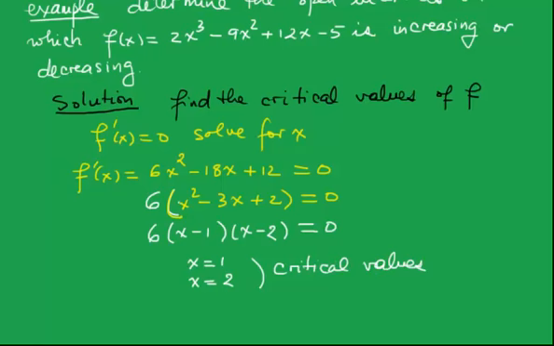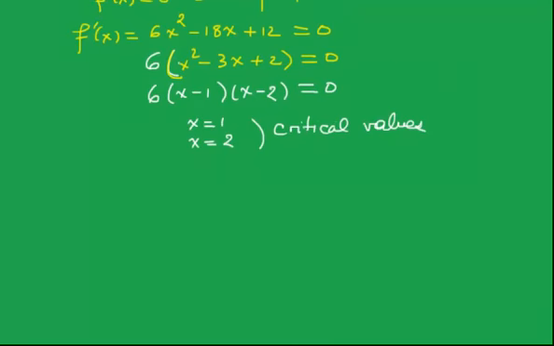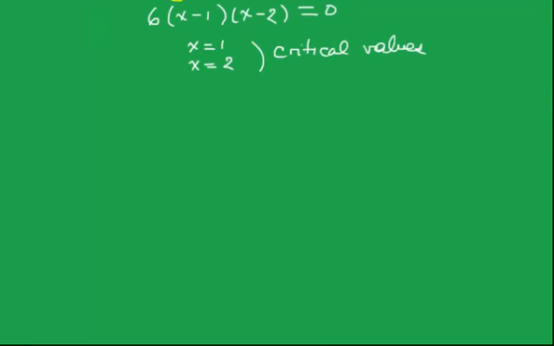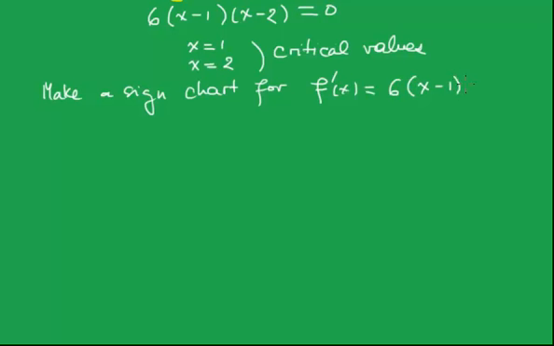But what do we do with these critical values? The next step is to draw a sign chart for f prime. The sign chart for f prime that we just computed, we even succeeded in factoring this out.